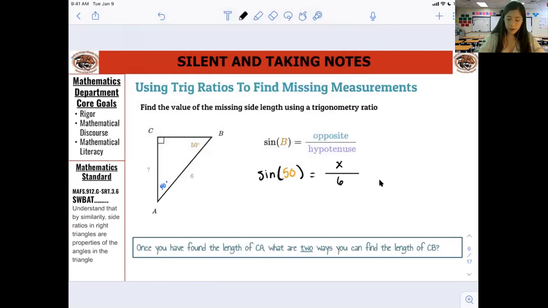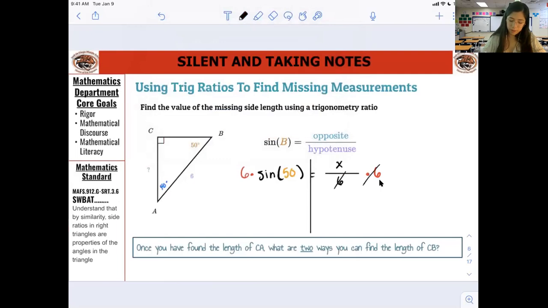Well, I can solve for x. What would I do to both sides to get x by itself? Multiply by 6, exactly. So in our calculators, what we can do is calculate the sine of 50 and then multiply that number times 6.